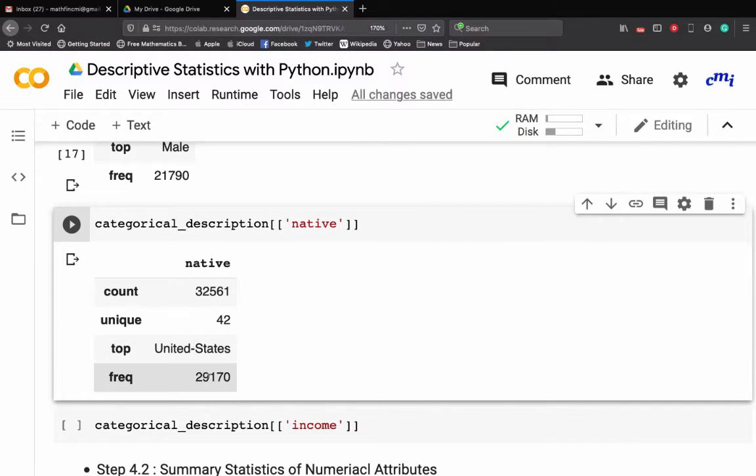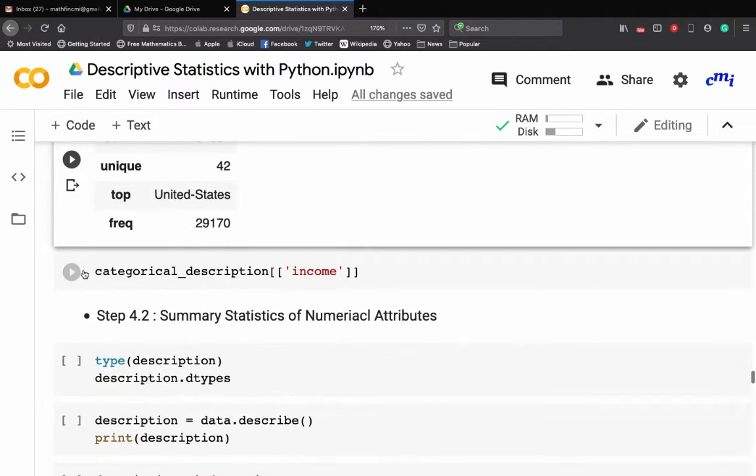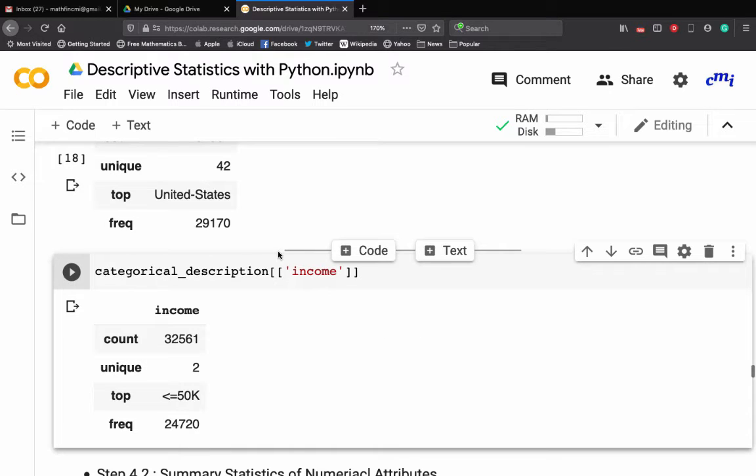Out of 32,000, 29,000 are natives of the United States. Very few are actually migrants in the dataset. And out of 32,000, about 24,000, I think about 75% of people, have income less than 50,000 US dollars.